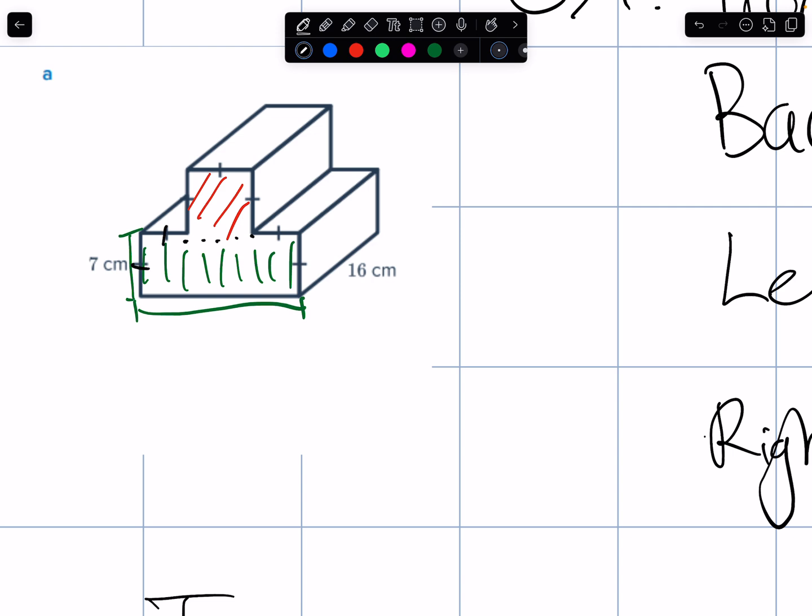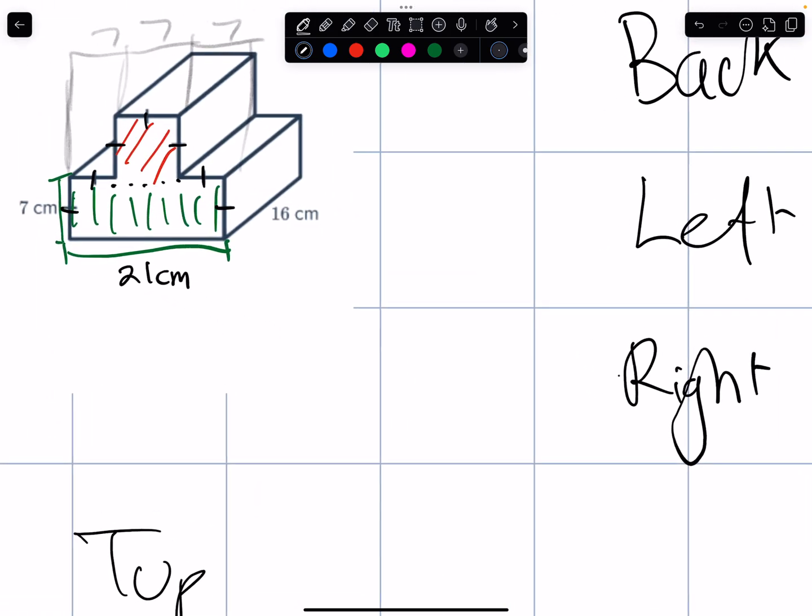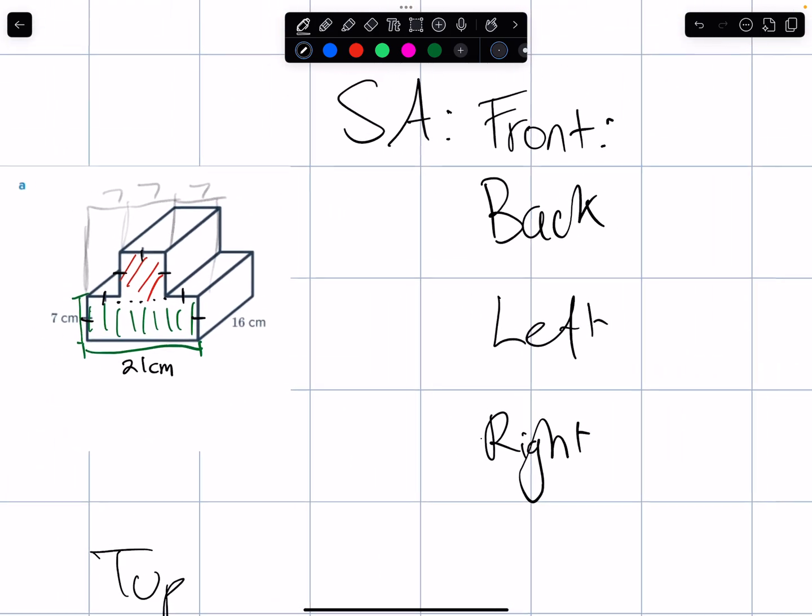Well, I can see that these tick marks indicate that all these sides are 7 centimeters, which means from here to here is 7, from here to here is 7, and from there to there is 7, which means that this is 21 centimeters.